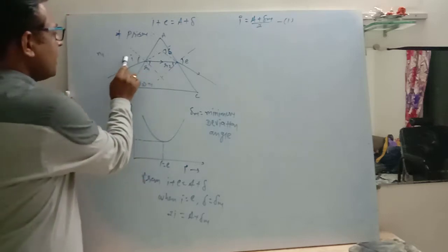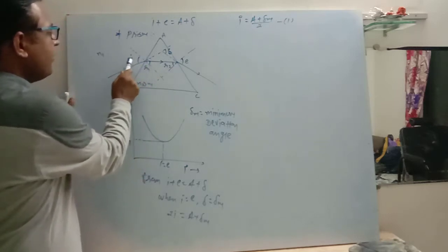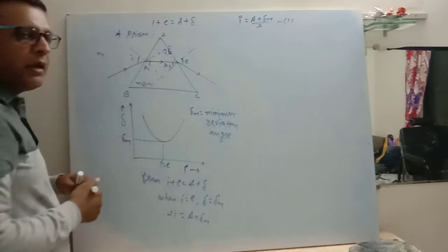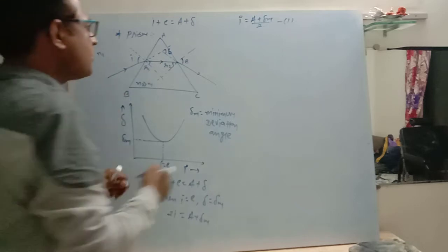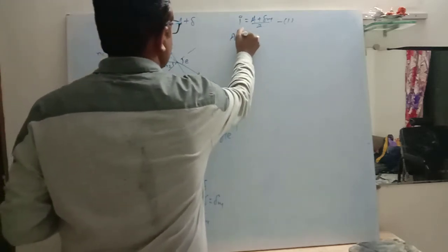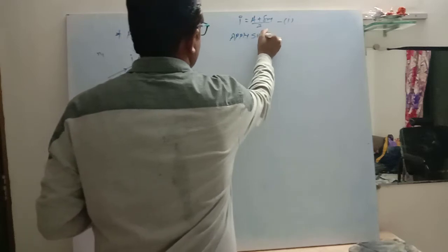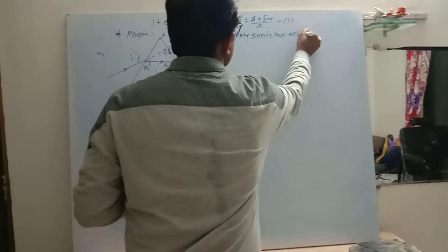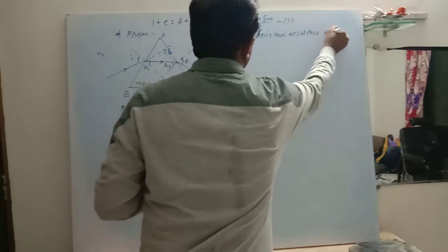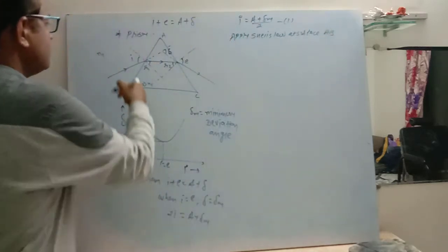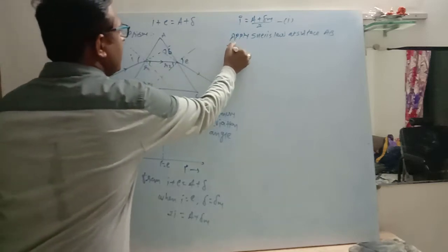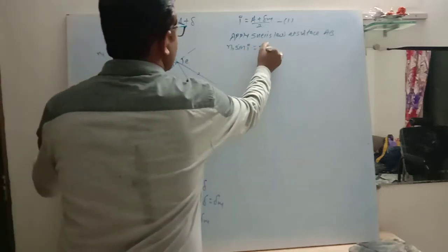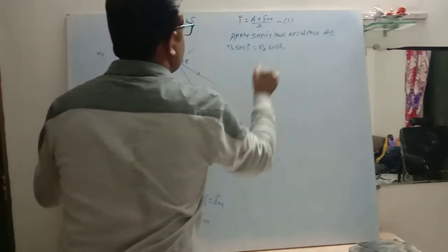Now in the case of refraction, whenever we use Snell's law, for the surface AB apply Snell's law. So we can say eta 1 sin I is equal to eta 2 sin R1.